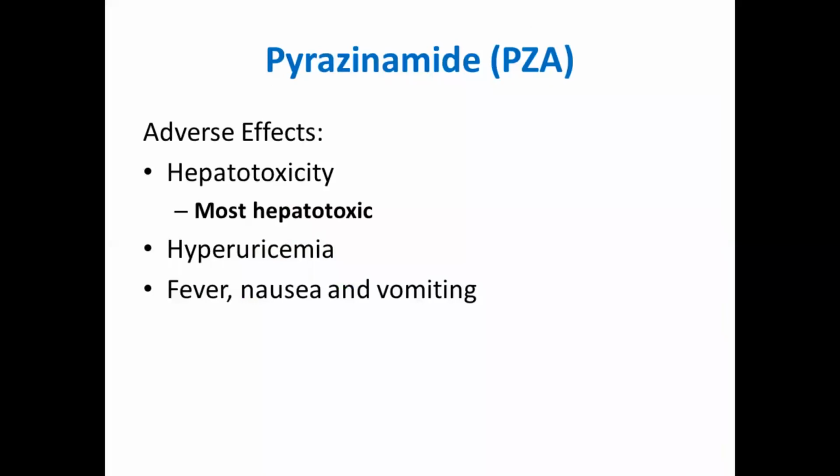So, important dito that maalala nyo na pyrazinamide is the most hepatotoxic among them, no? Followed by rifampicin and isoniazid. So, yun yung hierarchy, no? It can cause hyperuricemia, fever, nausea, and vomiting. Kaya, after 1 month of treatment, nagpaparepeat ng labs, pinapacheck din yung uric acid ng pasyente.